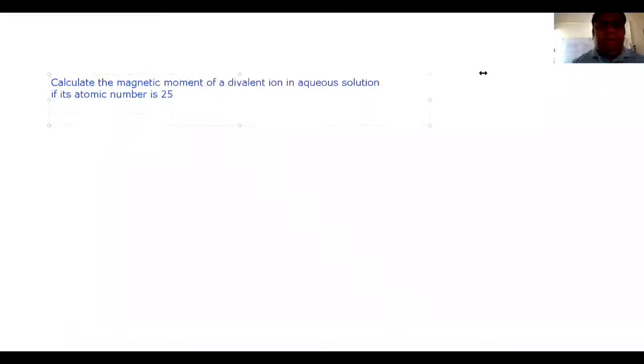Atomic number is given. So can we guess which element is this? Chromium is 24, manganese is 25. So actually they are talking about manganese.